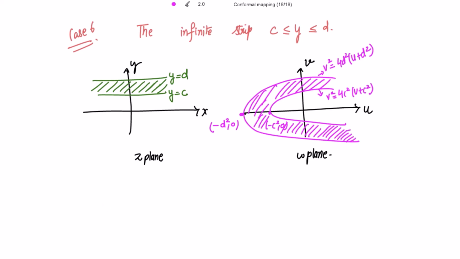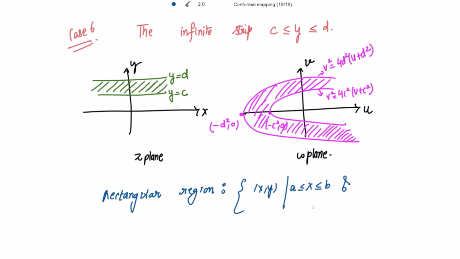Now if I take the rectangular region, that is for xy, where x is greater than equal to a, less than equal to b, and y is greater than equal to c and less than equal to d, that is all the four cases. So where is this region mapped? This region is in the z plane.